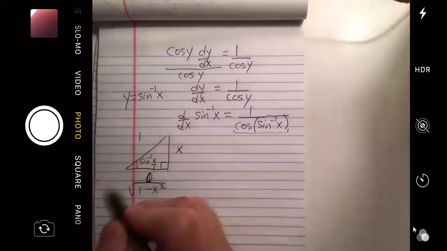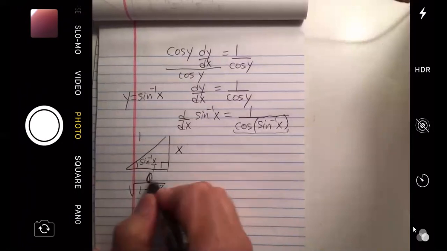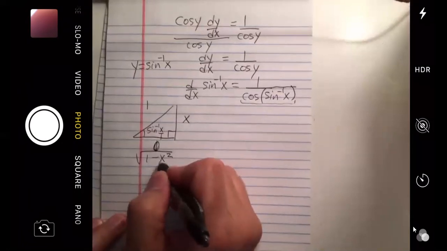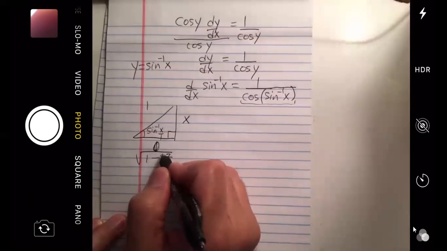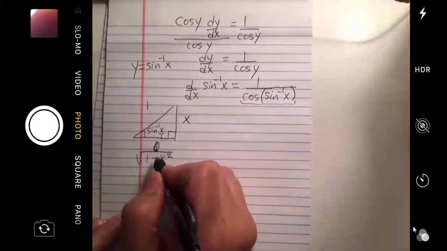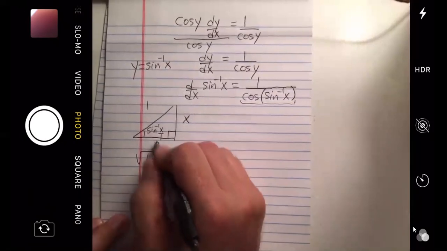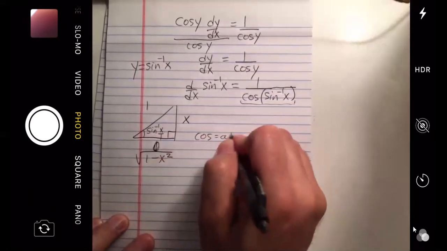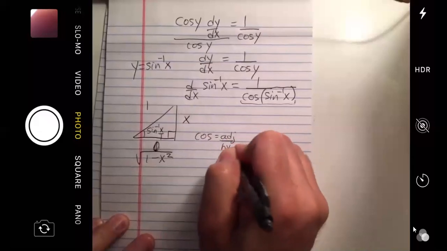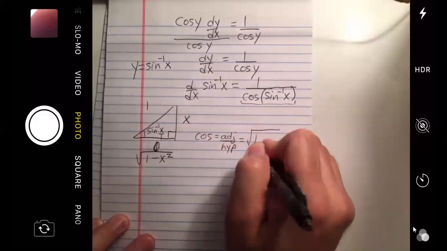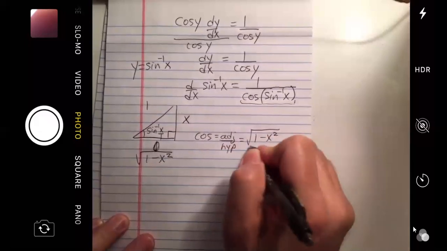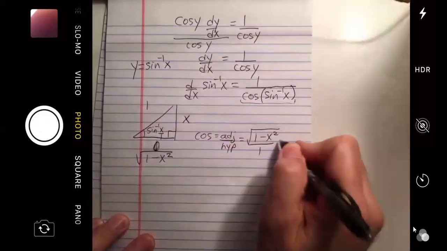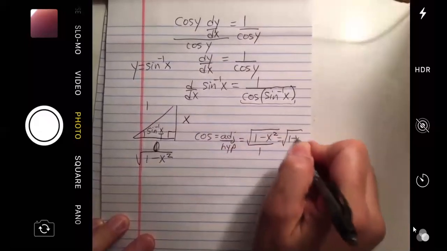In the other example I did, I stuck the x down here and you get this. You get the same formula for the leg no matter where it is. And now the cosine on the triangle is adjacent over hypotenuse, which is the square root of 1 minus x squared over 1, which is just the square root of 1 minus x squared.